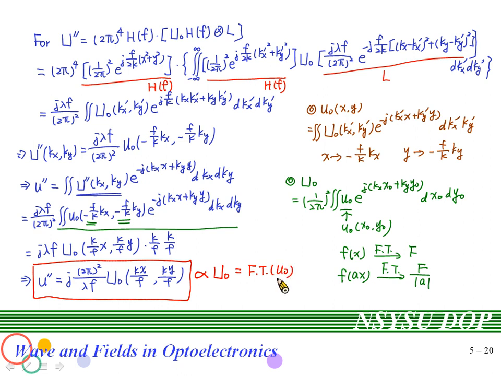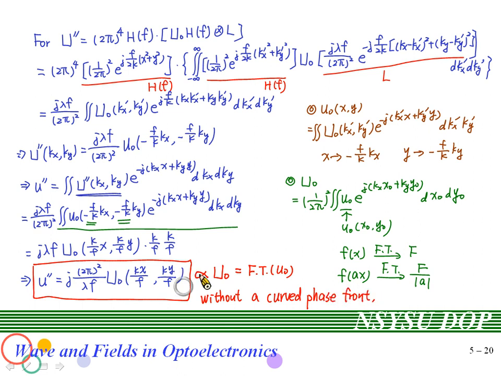So we finally know that by a lens system, we can obtain the diffraction field amplitude U double prime, which is the Fourier transform of the initial amplitude U0, but without a curved phase form.